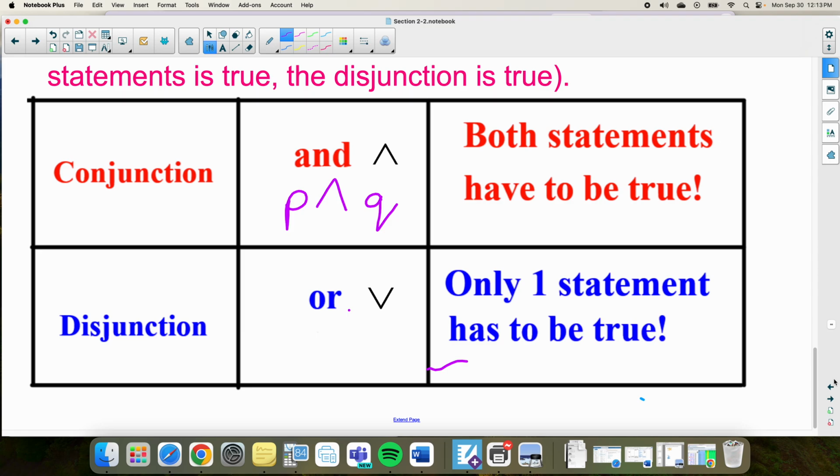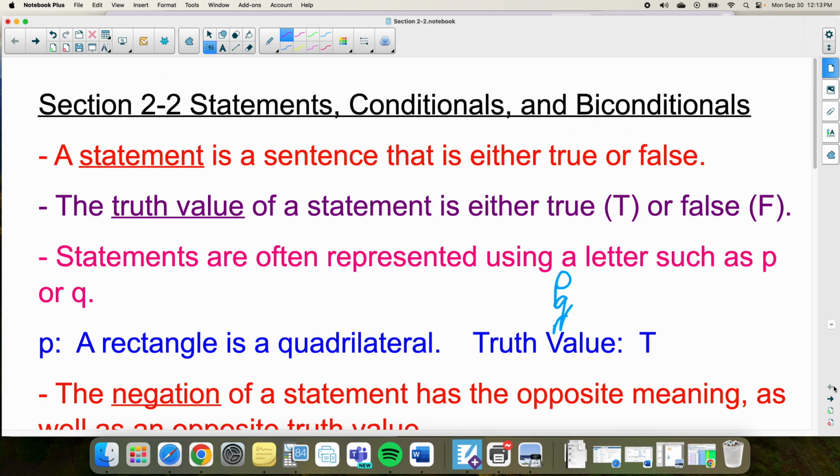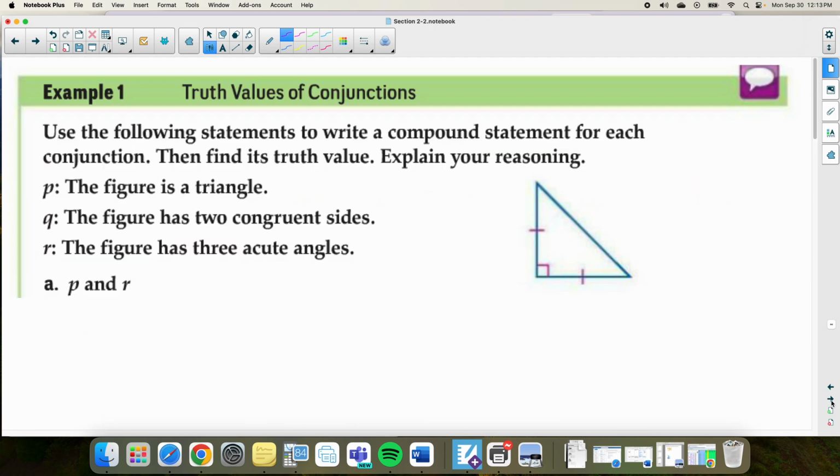Okay, so let's go to your second page, to the top right here. P, Q, and R are statements talking about this figure. The first one says the figure is a triangle, which is pretty obvious, so that one's true. In front of P, Q, and R, I write whether those statements are true or false.